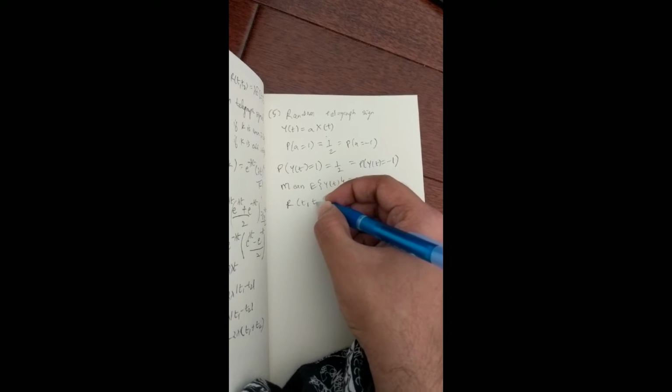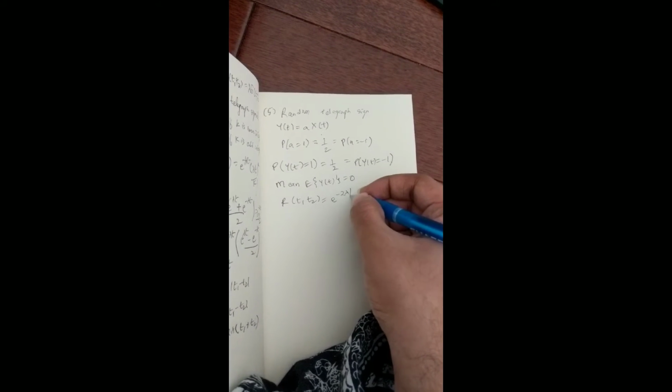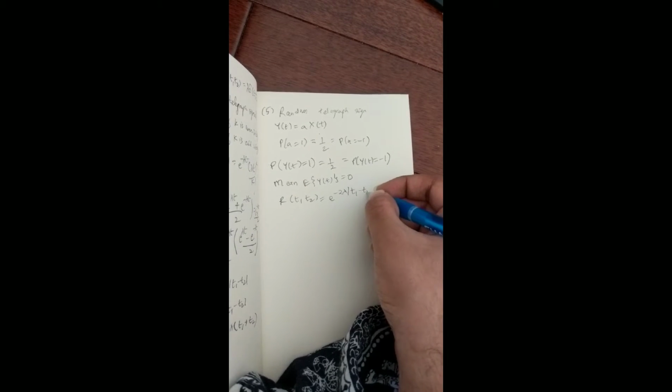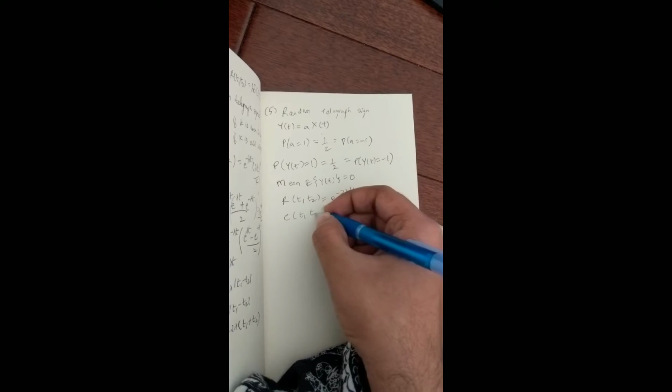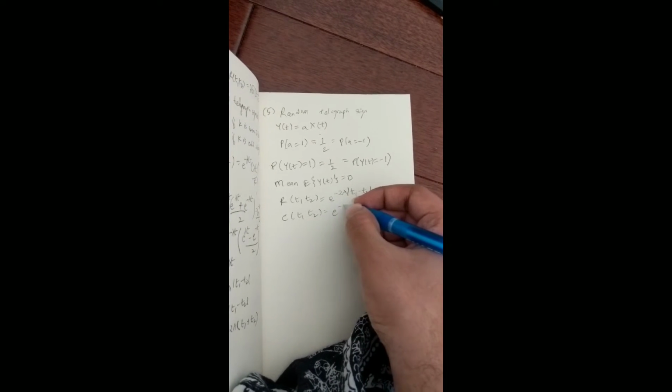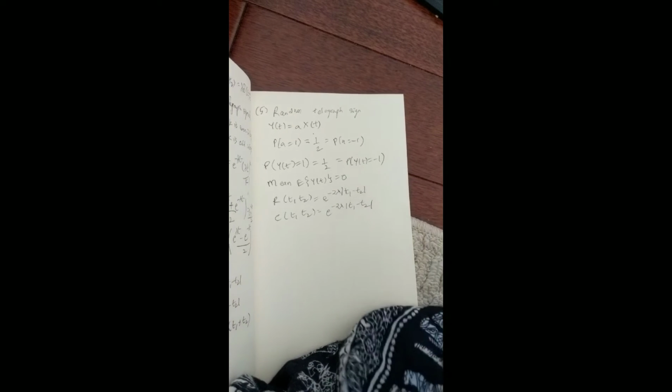Autocorrelation is equal to e to the power of minus 2 lambda modulus of t1 minus t2. Autocovariance is equal to e to the power of minus 2 lambda modulus of t1 minus t2.